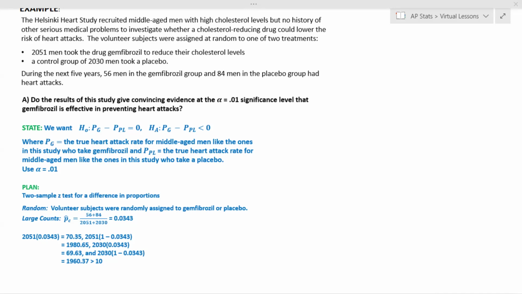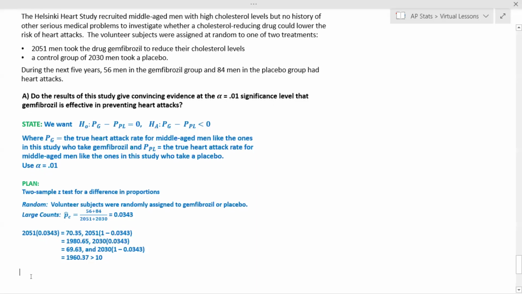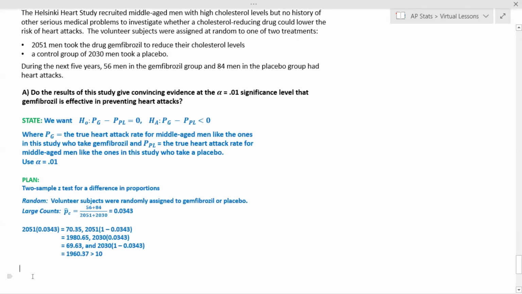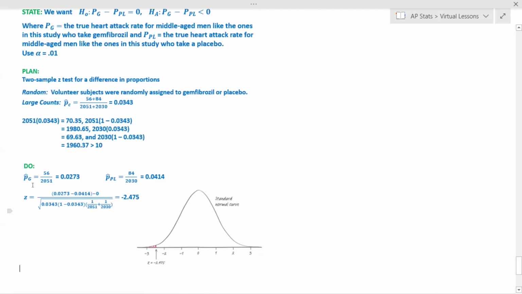So the next thing we want to do, after state and plan, is the do step, where we actually calculate the p-value. All right, so the first thing we're going to do there is look at the z-score. So for this, we will calculate the proportion for each sample. So p hat sub g is 0.0237 and p hat sub pl is 0.0414.